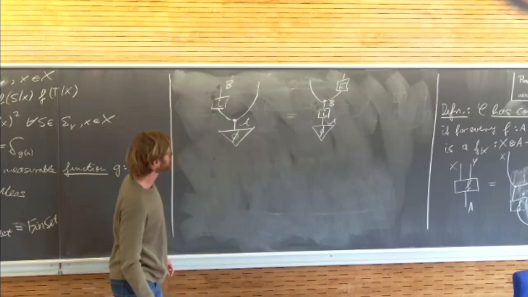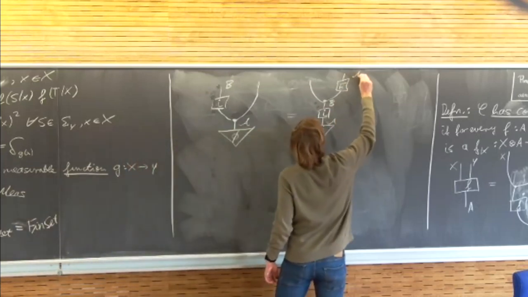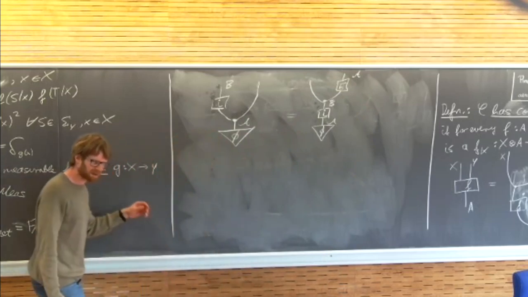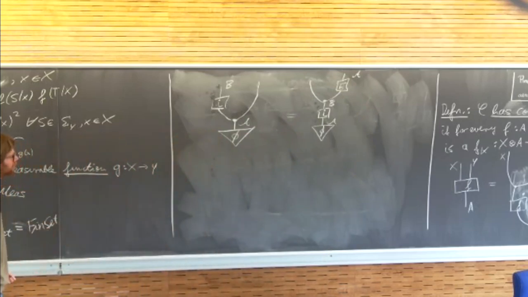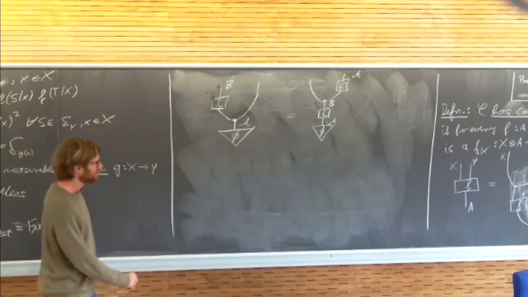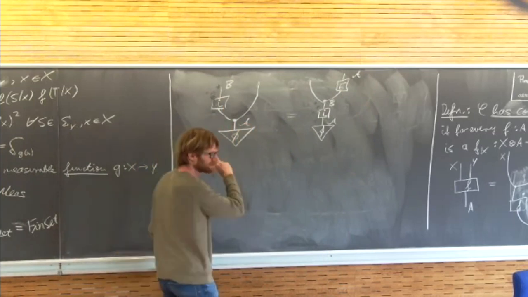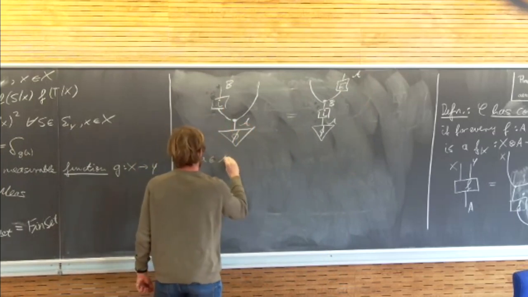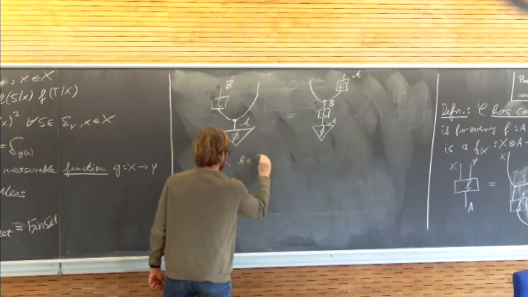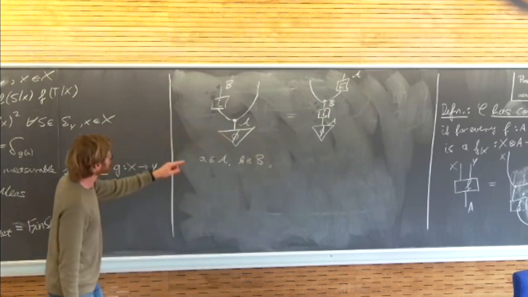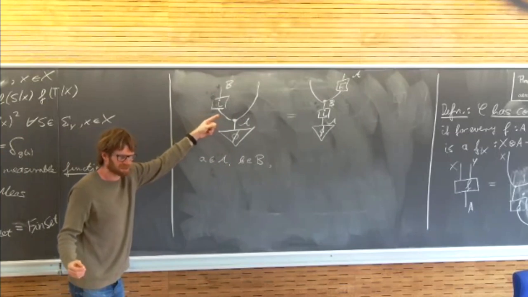Okay, and now maybe it's worth writing down what this equation says, again, in terms of evaluating elementary tensors. Then we get for little a in A and little b in B, that here I don't have to write the inclusion as a map.